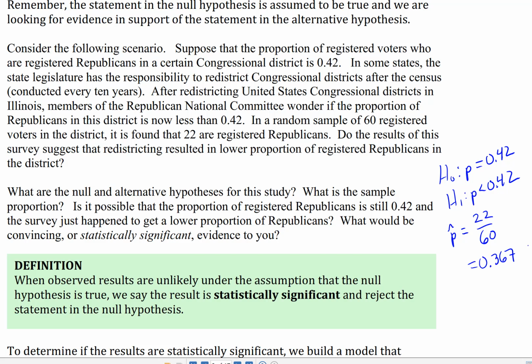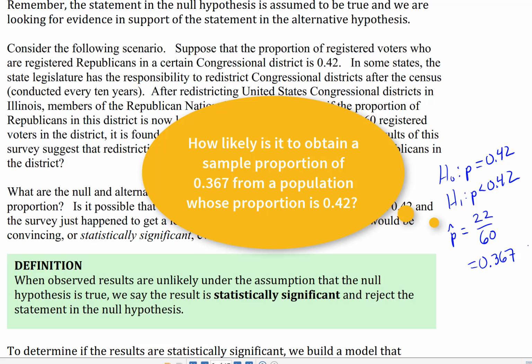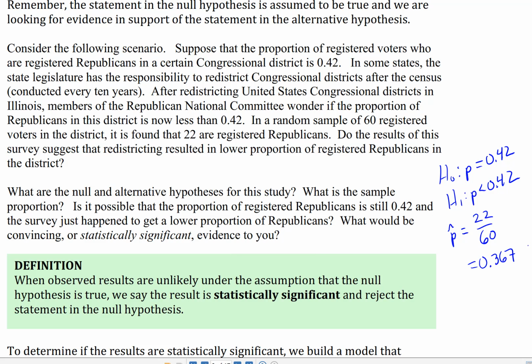And so the question that we have to ask is the following. Is it possible to get a sample proportion of 0.367 from a population whose proportion is 0.42, or would we consider a sample proportion of 0.367 unlikely under the assumption the population proportion is 0.42? And when we say unlikely evidence, what we're really talking about is statistically significant evidence.